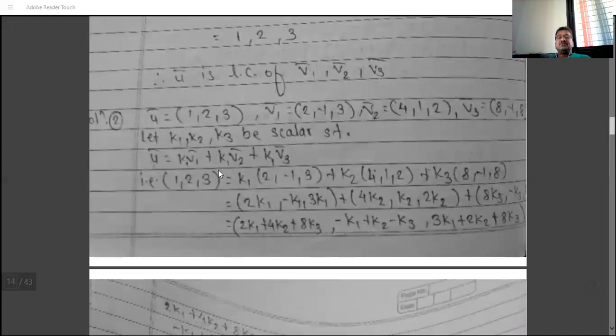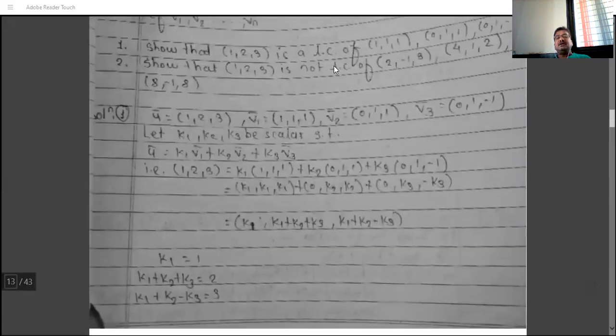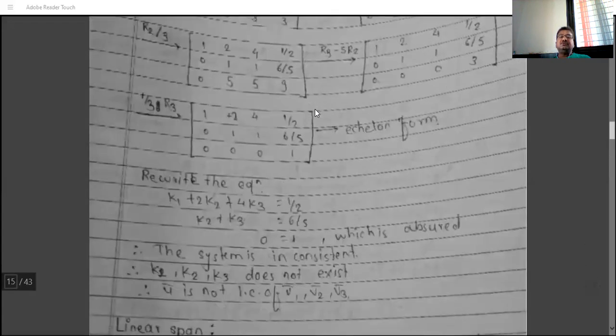But if the system is inconsistent, meaning we do not have the values of K1, K2, K3, then we say the vector is not a linear combination of the remaining vectors. The method to solve both examples is the same, but only the last two sentences are different. In the previous problem, the system is consistent.